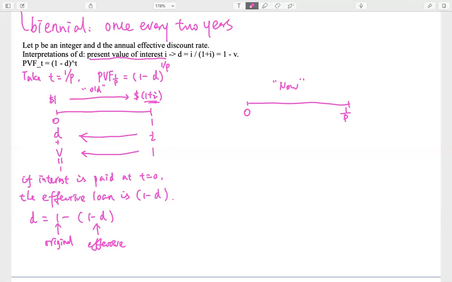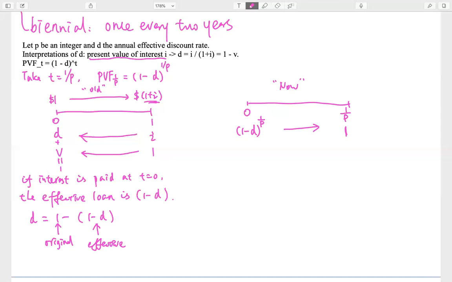You probably still want to get $1, but your effective loan now would be 1 minus d to the power 1 over p, because that is the present value of $1.